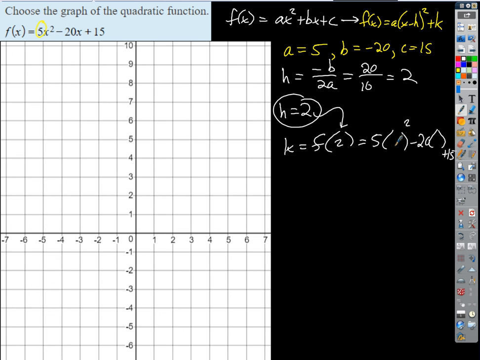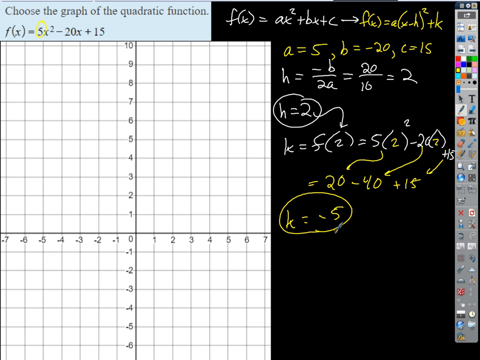Well, if we plug in x equals 2, what's that give us? 2 squared is 4 times 5 is 20, right? Negative 20 times 2 is minus 40 plus 15. So what is that? Negative 20 plus 15 is negative 5. So we get H is 2, K is negative 5, A is 5.